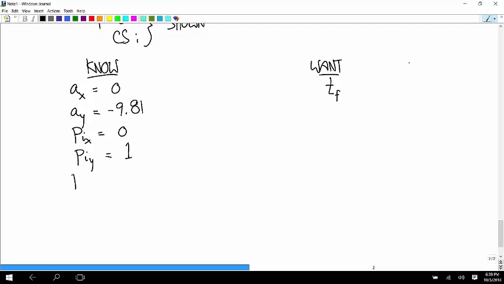Final position, we know that the y component is 0. We don't know the x component. We could calculate that, how far away it would hit, but we don't have that yet. Then the initial velocity. We're going to know both of these. We have to calculate them.